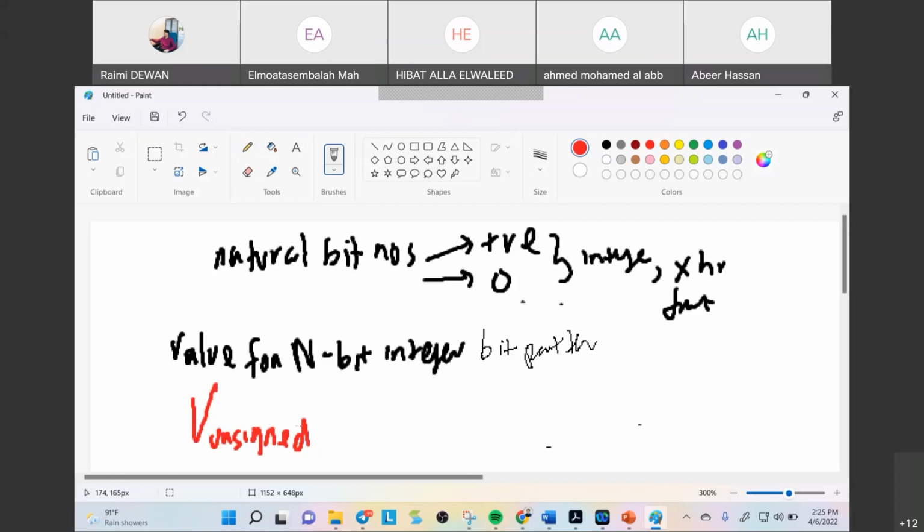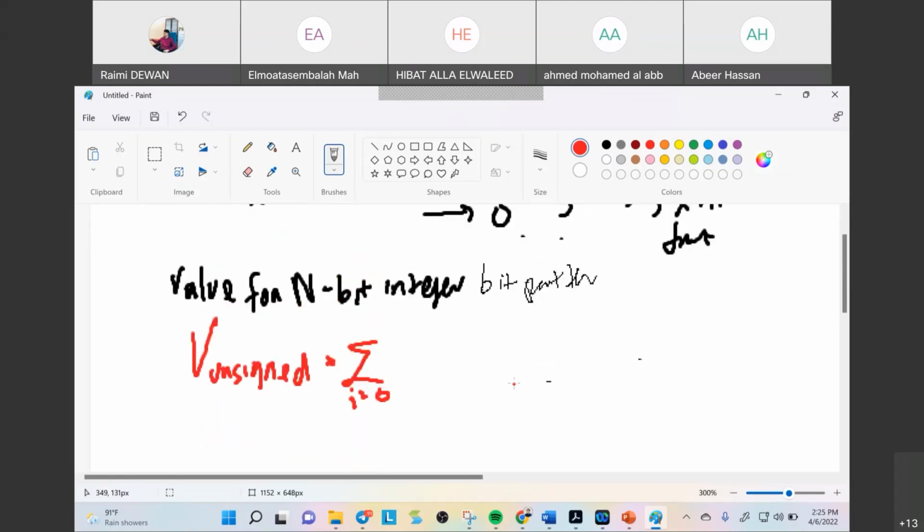The value is sigma, which denotes addition, starting from i equals 0 because the smallest value is 0, and the maximum is n minus 1, then b_i times 2^i. This is the value.